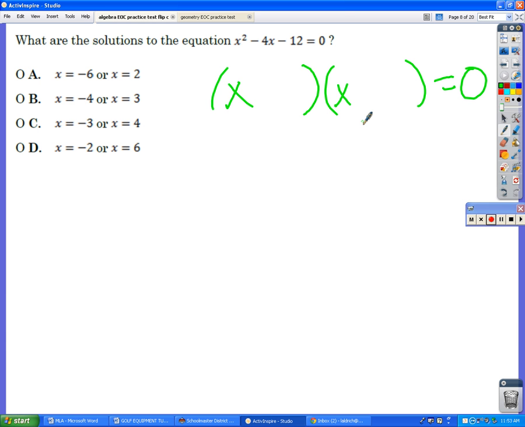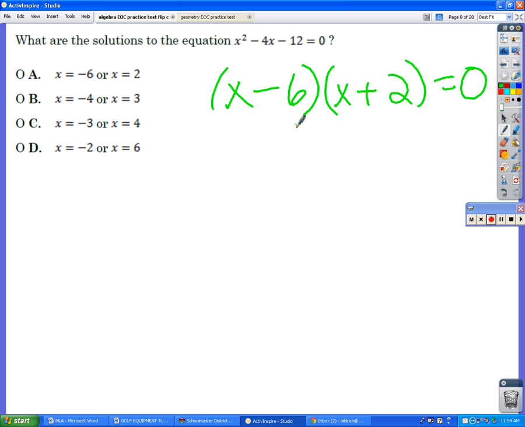What are another 2 numbers that multiply together to make 12? 6 and 2. Which one's going to be negative and which one's going to be positive? -6, +2, because the 1 in the middle is negative, so the bigger of these 2 numbers has to be negative, okay?